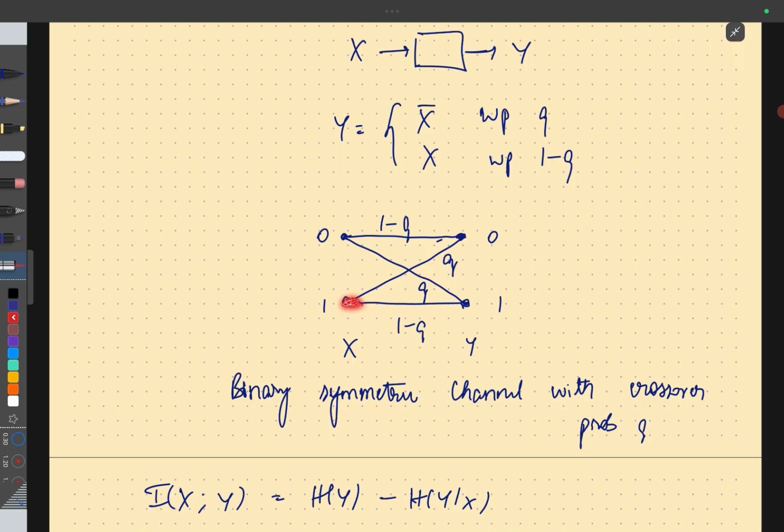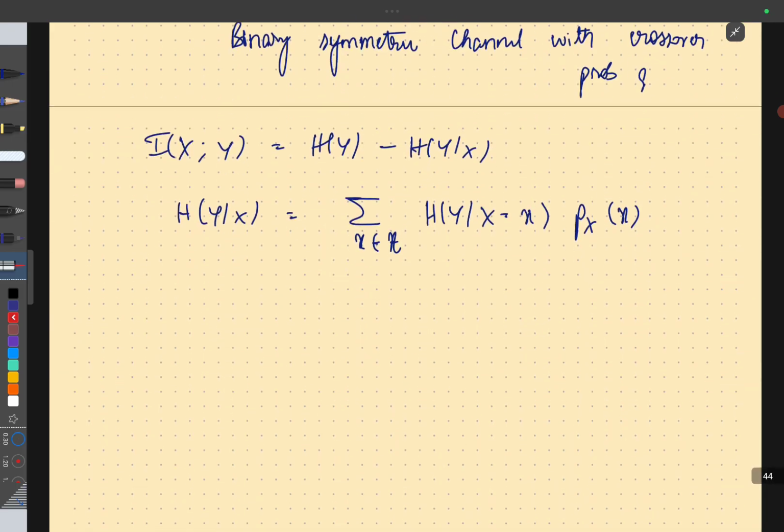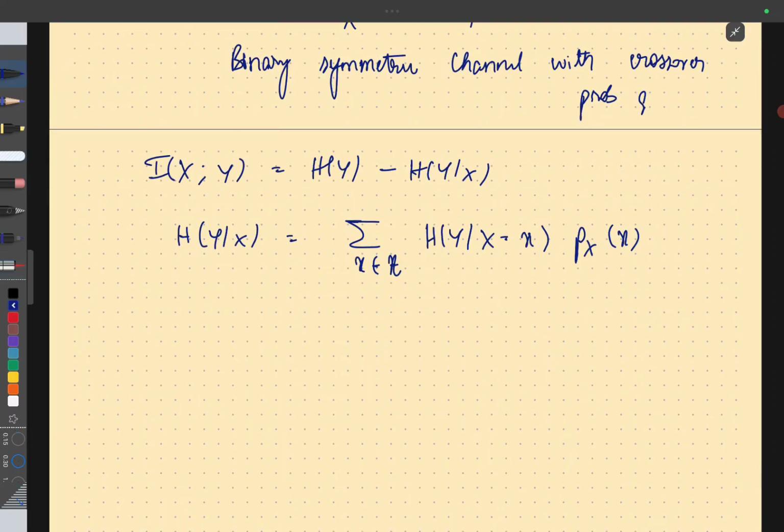Given X equal to 1, it is Bernoulli(1 minus q), right? So this is equal to h2(q) times p_X(0) plus h2(1 minus q) times p_X(1).